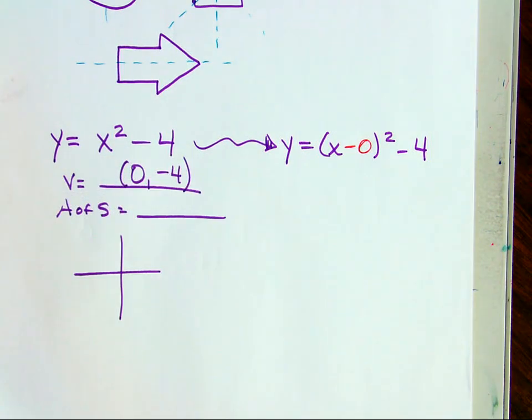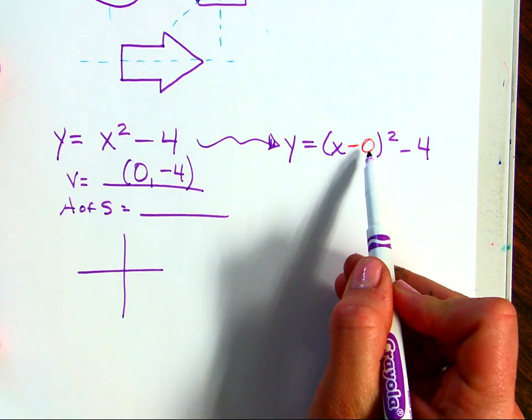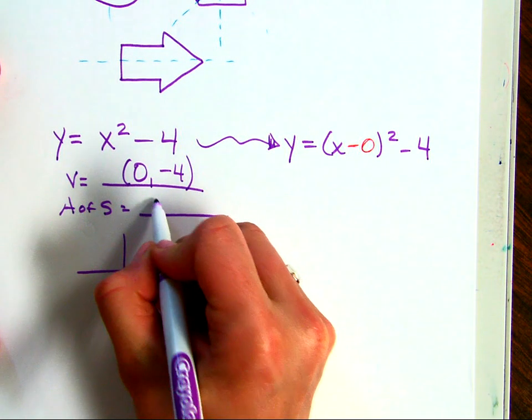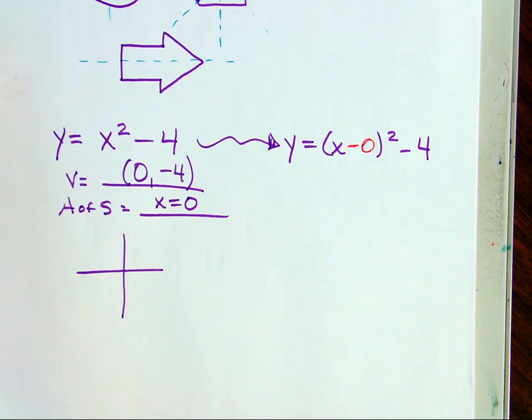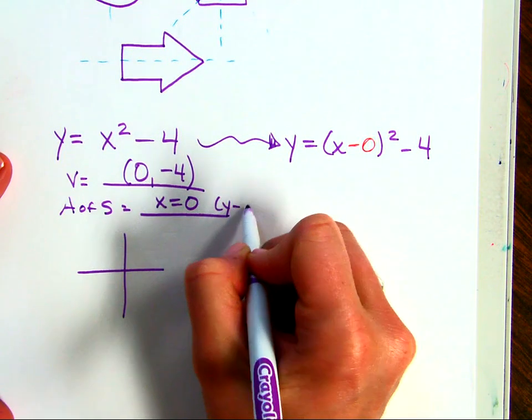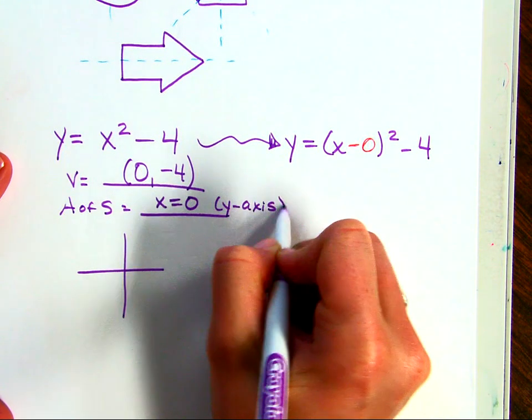So what is my vertex now? 0. Yeah, well, I didn't ask for the axis of symmetry. So my vertex is 0, negative 4, which means I'm not moving left or right. I'm just moving down. Which axis will my vertex be on? The y-axis.